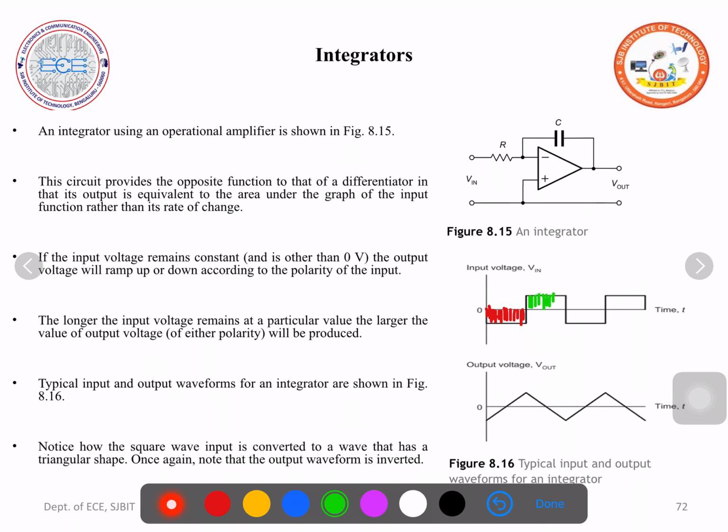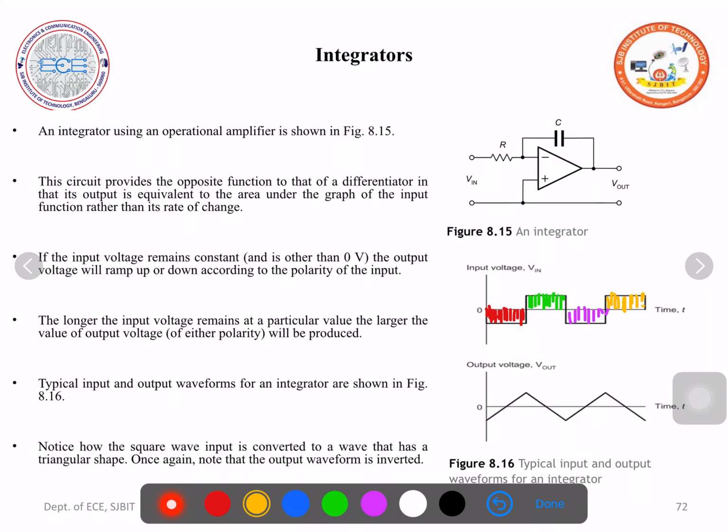Then the area is positive. Now if you go along that time axis, the area increases positively. Then here it increases in the negative. Here the area increases.